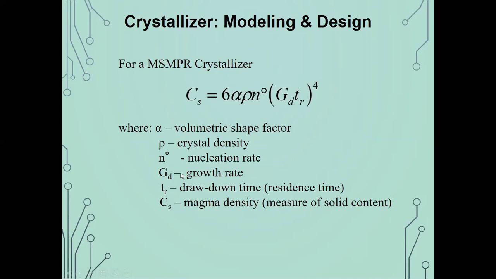But in other equipment, it's just the simple time we call the residence time. The time that your feed to be processed is staying inside your equipment for it to be able to grow to a certain size. It's just given a different name here, which is drawdown time, or simply the residence time.